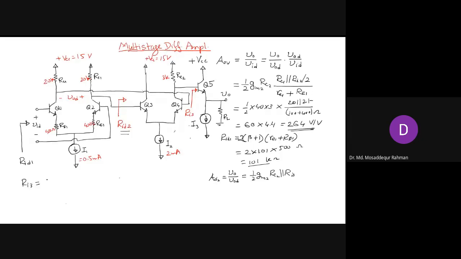Applying the resistance reflection rule, Ri3 is nothing but (beta plus 1) times RL. Assuming beta is 100, 101 times 1, so we get 101 kilo. So we get a quite high input resistance for Q5 that will come in parallel with RC2. The parallel combination will be 3 in parallel with 101. Now how much is this parallel combination?